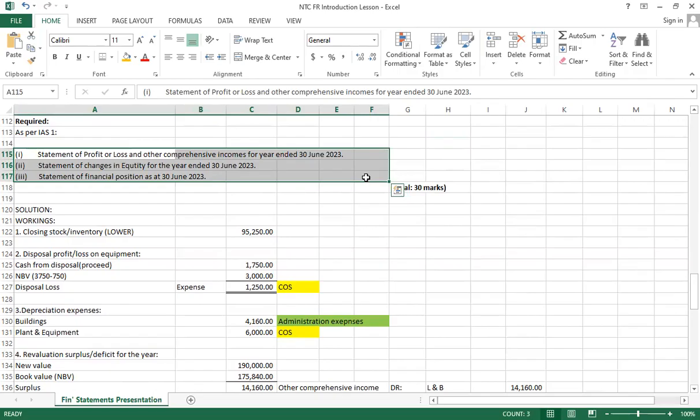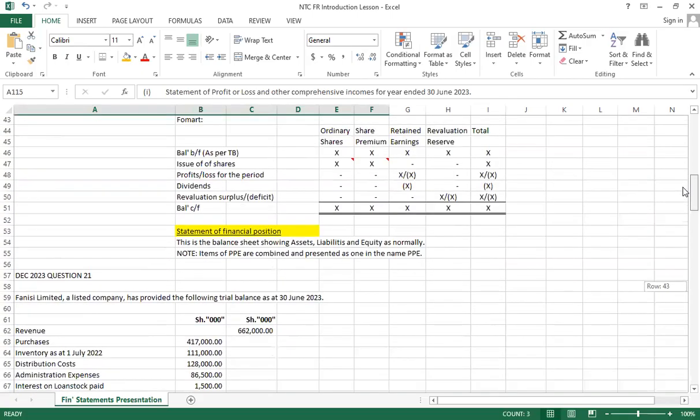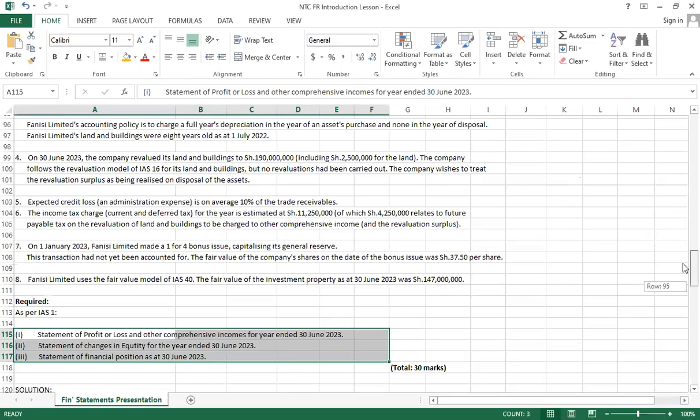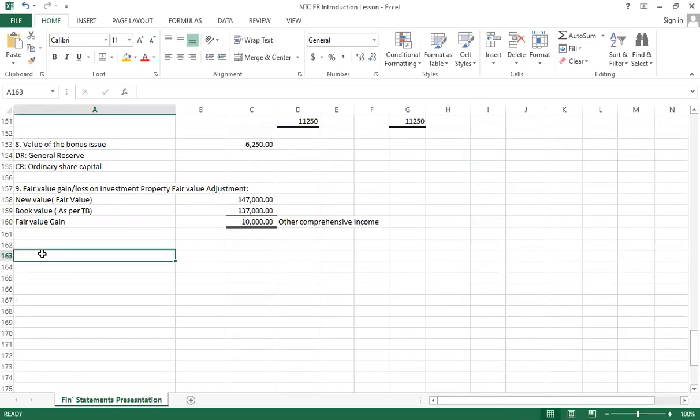So let us then proceed to the first one. Let's start with the first financial report. And you must start with the title, remember, so that part one or part A, the title is Financial Limited.